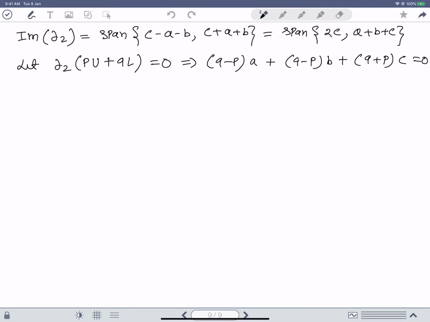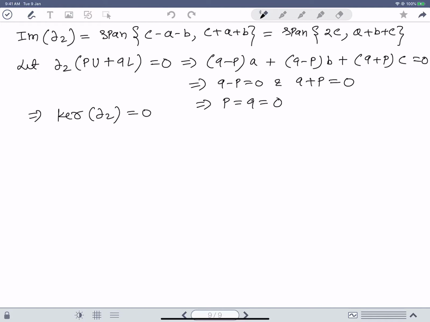Now since there is no relation between a, b and c, that will imply q minus p equal to 0 and q plus p equal to 0, and that will imply p equal to q equal to 0. So that means kernel of ∂2 equal to 0.